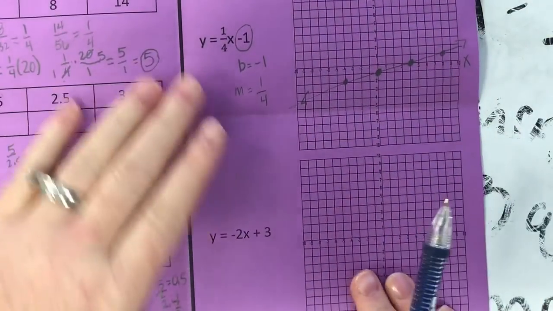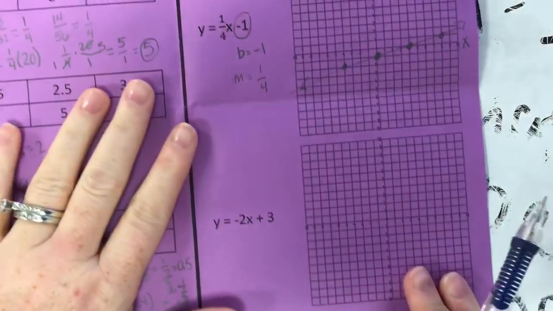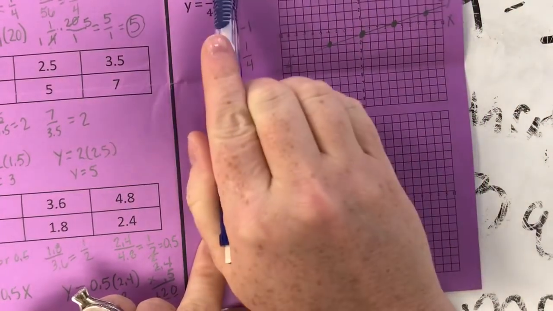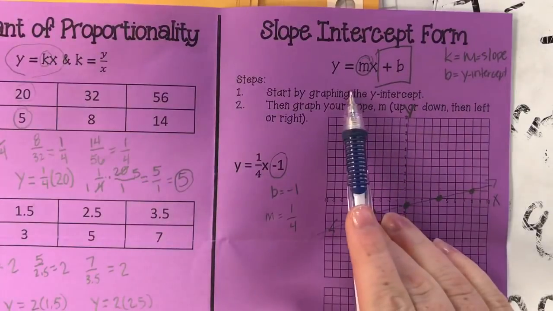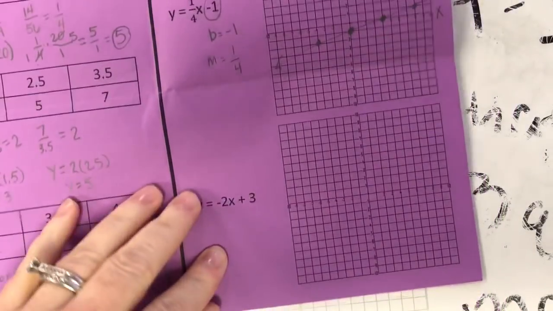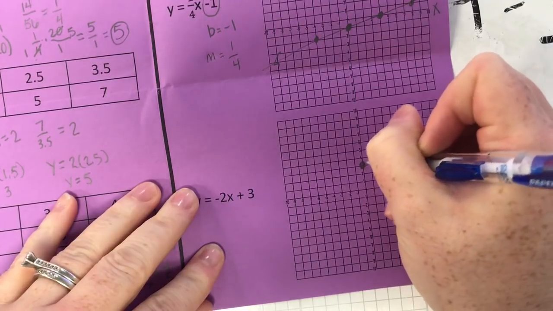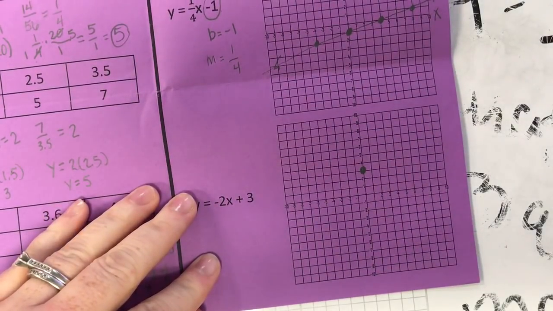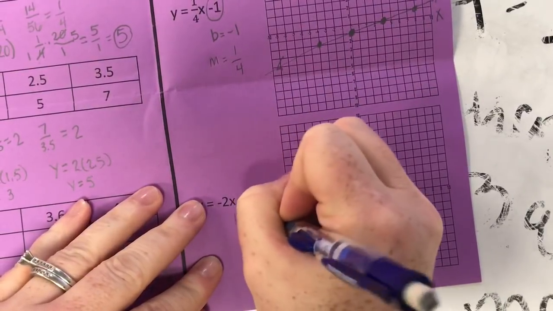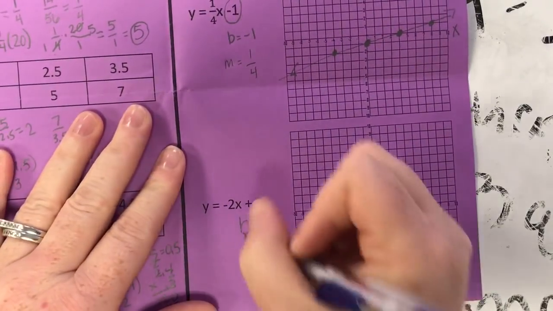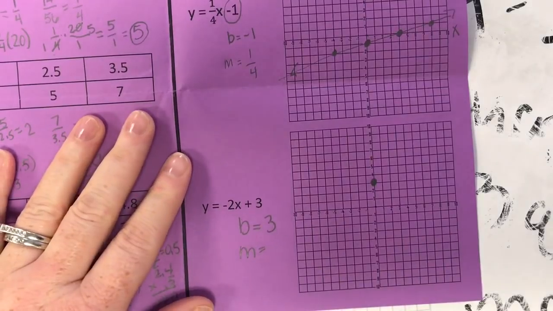So let's do this last one. Okay, where did we start? Start by graphing your y-intercept. Says that right there. So graph your y-intercept. It's going to be 1, 2, 3. We're going to put a dot right there. Okay? My b is equal to 3. Now, what is my m?